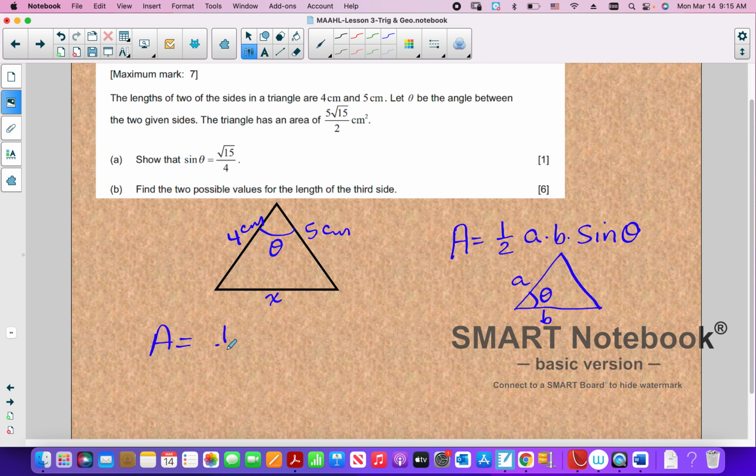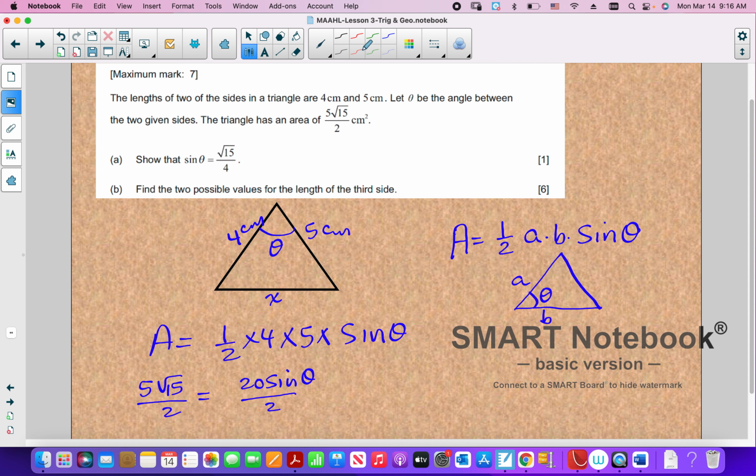That'll be half times 4 times 5 times sine theta, and on the left hand side the area is given to be 5 root 15 over 2, equals 20 sine theta over 2.